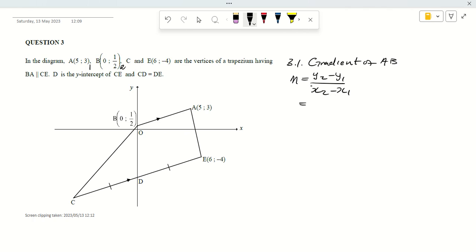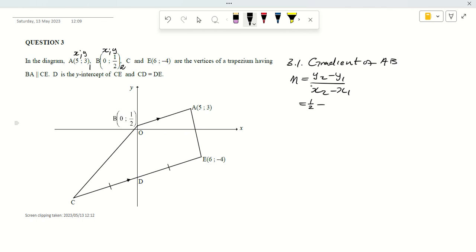So now we have point 1 and point 2, and we said that point 1 has x and y, and then this is x and y. So now what we are going to do, we are going to find y2. We go to point 2 and we find the y value, which is 1 over 2 minus, and then we are supposed to find y1.